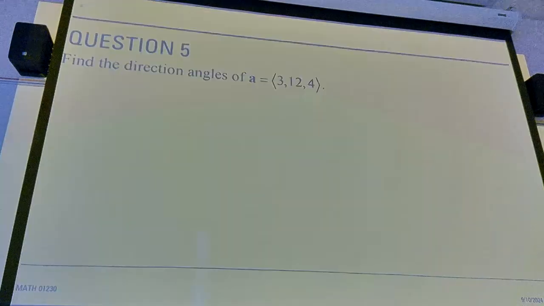So remember we have alpha, beta, gamma. Alpha is the angle that it makes with the x-axis, which is I hat. What's the magnitude of I hat?